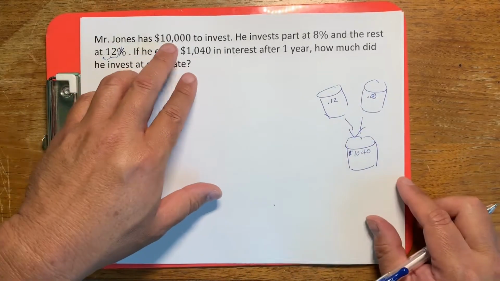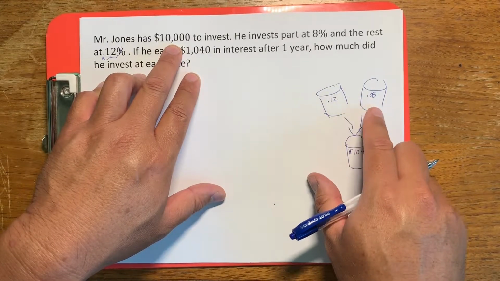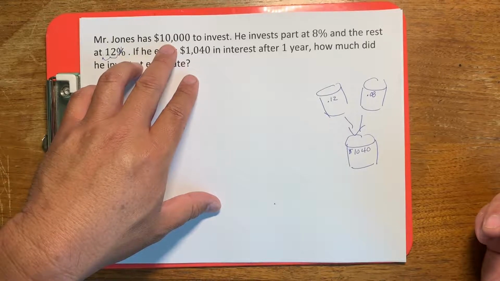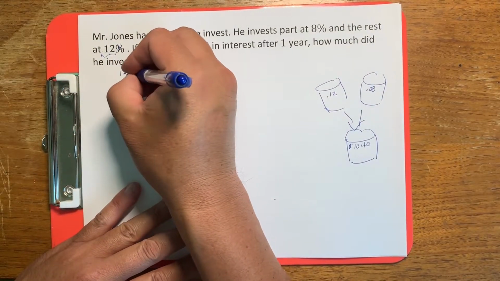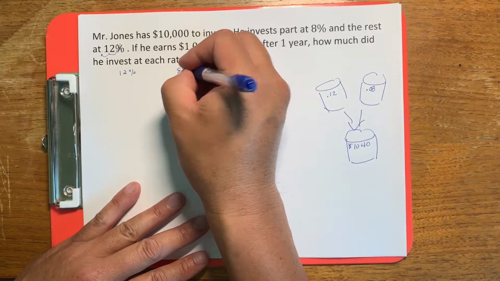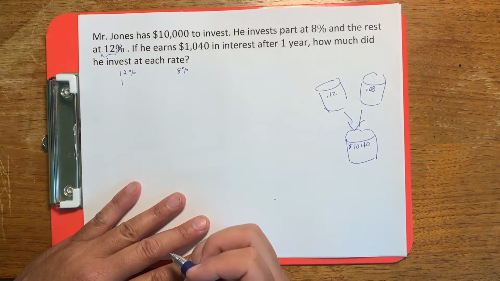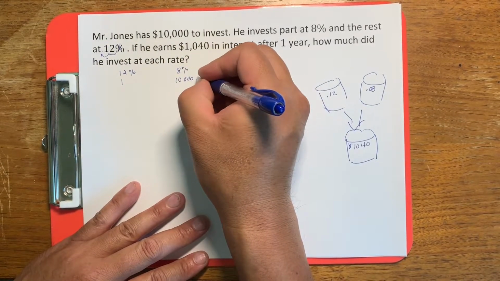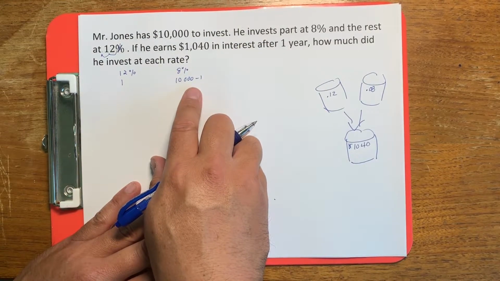Now, what they're doing is they're not telling us how much money we put here and how much money we put here. They're telling us in total, they invested $10,000. Meaning that if I invested $1 here, then I would have to invest 10,000 minus 1, $9,999 in this one.